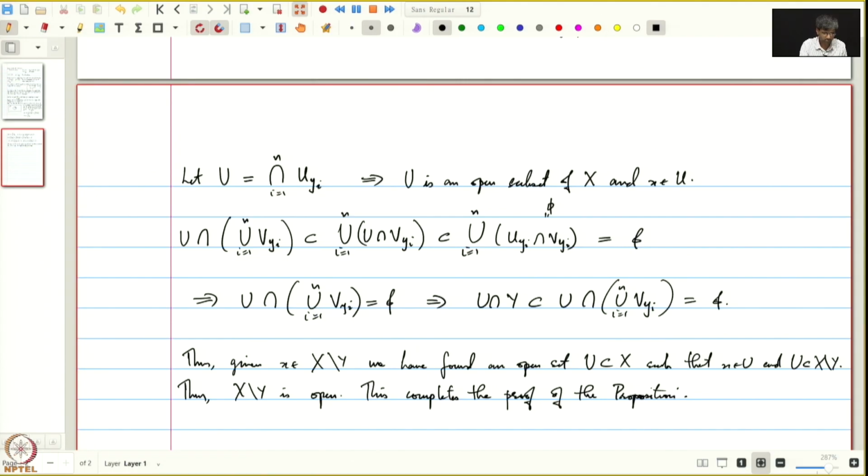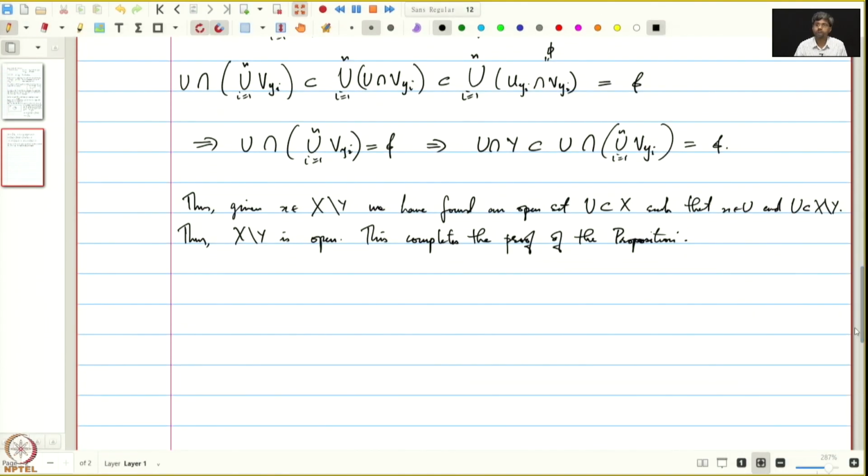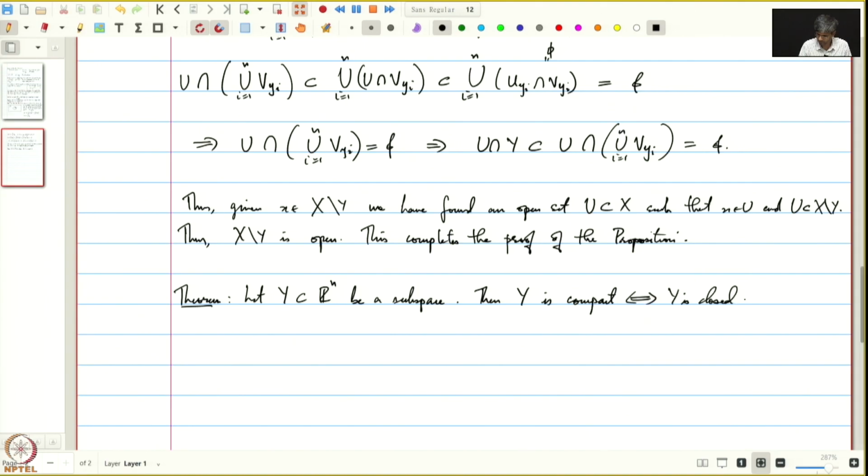Okay. So as a result of this proposition, using this proposition, we will prove this very useful theorem. Let Y contained in R^n be a subspace, then Y is compact if and only if Y is closed and bounded.